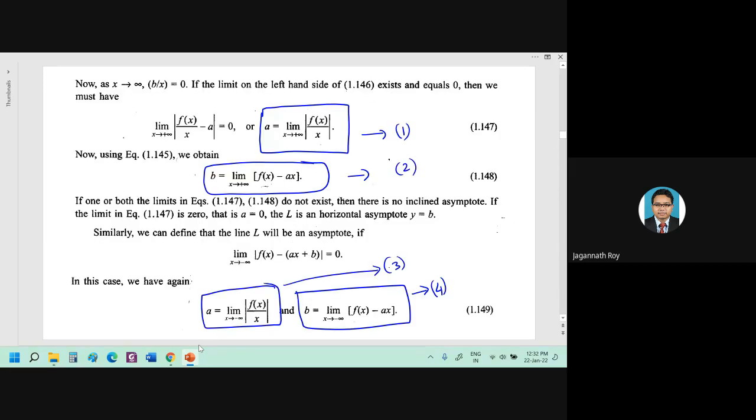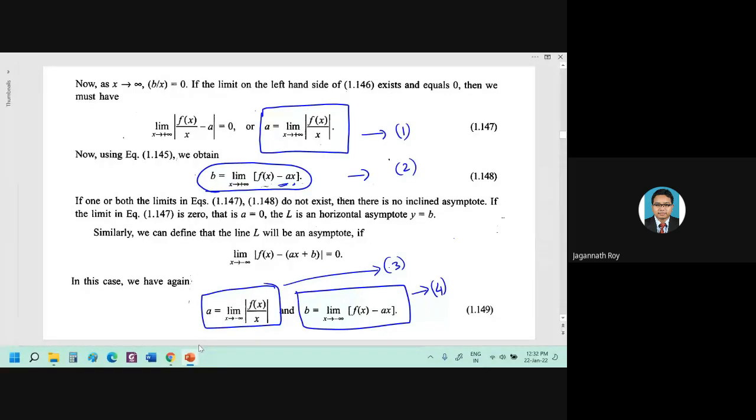Here, look at this. b will be found depending on the value of a, because a, which we have already found, is the slope of the straight line. So these 4 limits are important, in fact.